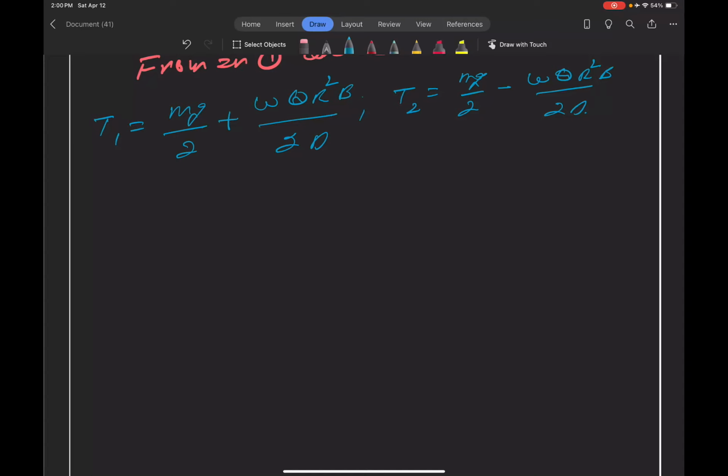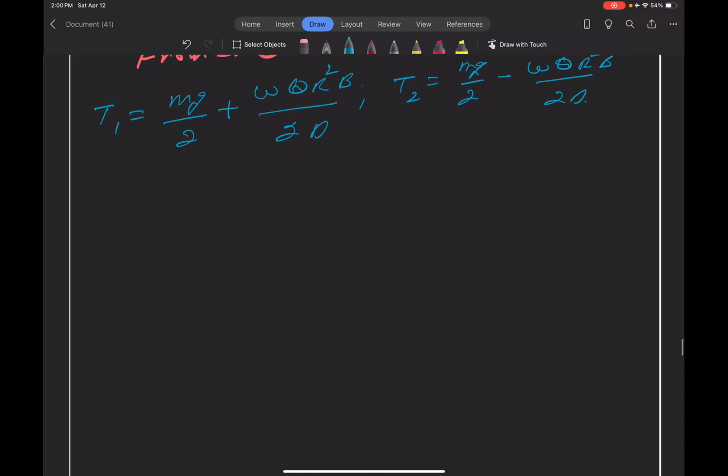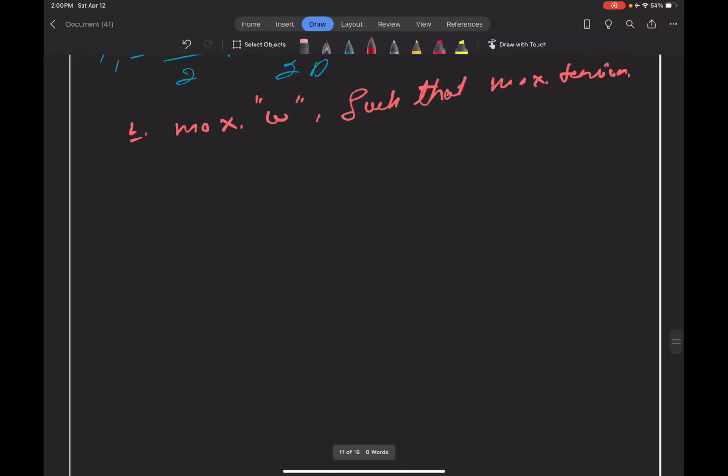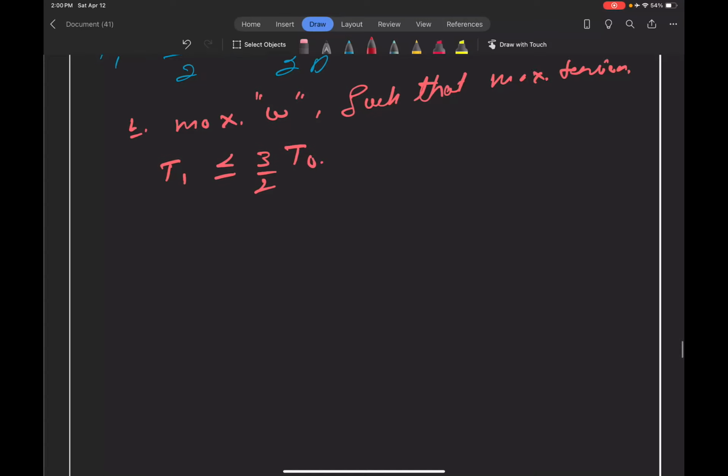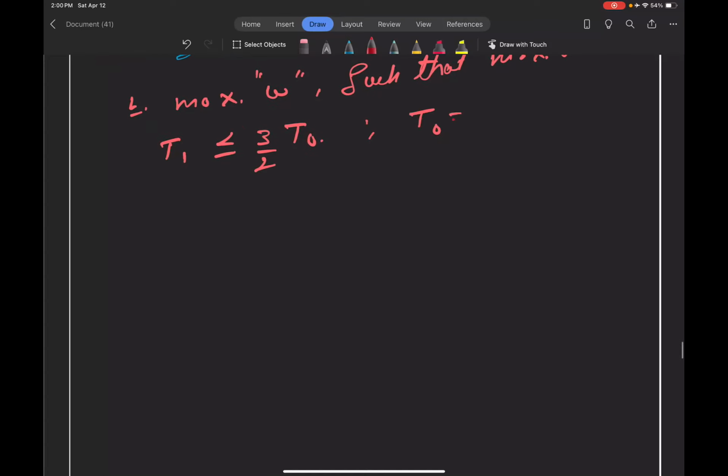And we want a maximum omega such that the maximum tension, between T1 and T2, the tension while rotating, T1 is greater than T2, so such that the maximum tension T1 is less than or equal to 3 by 2 T naught, and we already know that our T naught is equal to mg by 2.